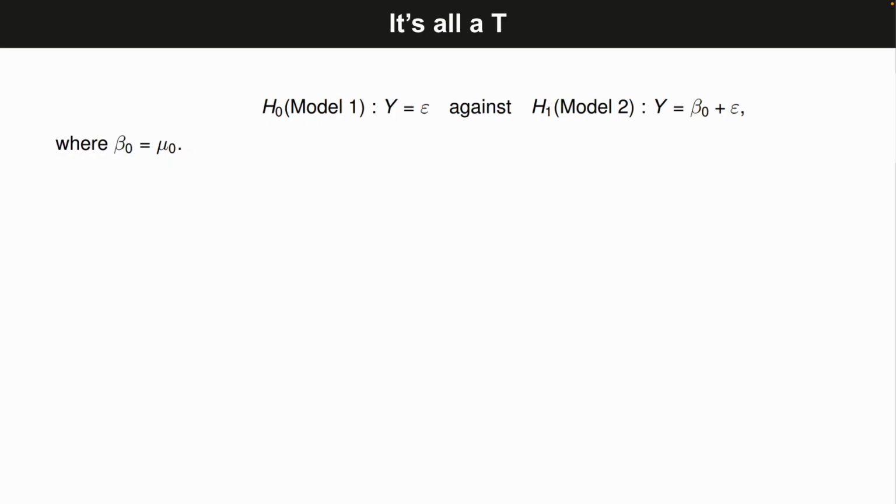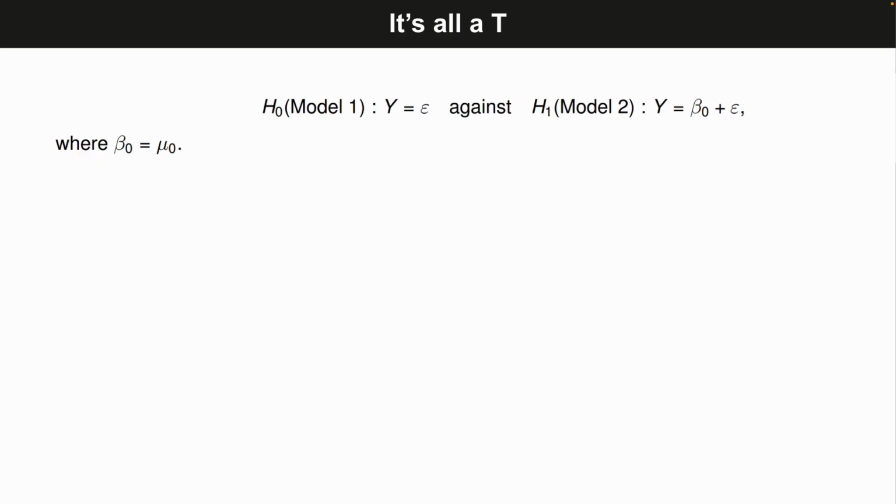You have two models, y is equal to epsilon, and you want to test against the alternate model, which is beta naught plus epsilon. How will you test which model is correct? Or in other words, how will you test for the significance of beta naught?